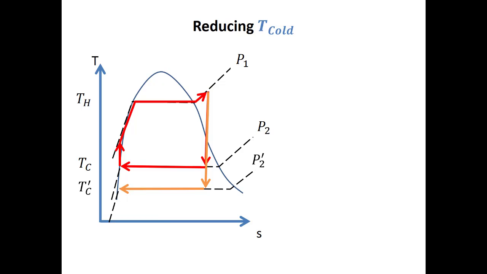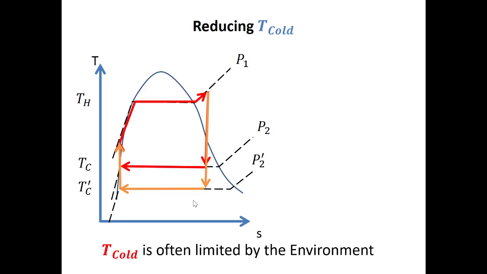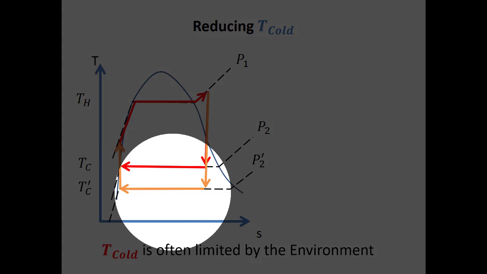If we do this, the line for our turbine process again gets longer, which suggests that our net power is increasing. The line for our pump also gets longer, but the power we put in at the pump tends to be relatively low compared to the power we get out of the turbine. T cold is often limited by the environment, because we need to reject heat, so we need our cold reservoir to be colder than the temperature at which we're trying to condense.